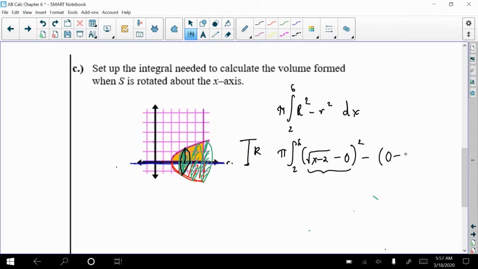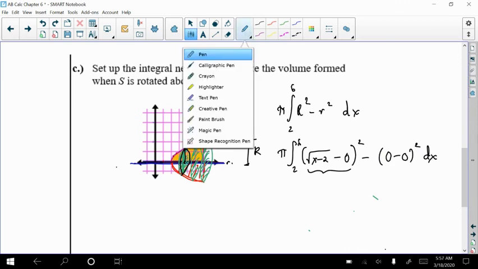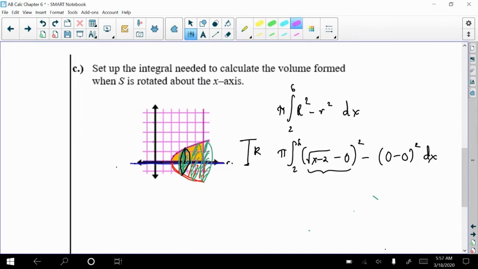We're rotating around the line 0, and then we square it. Again, it's unnecessary. You could walk in and say, wait, why is that there? But remember, I like that structure, the symmetry. I like saying, here's the top function, here's the bottom function of my boundary. Here's the line of rotation, here's the line of rotation. And then I also see that I have pi.